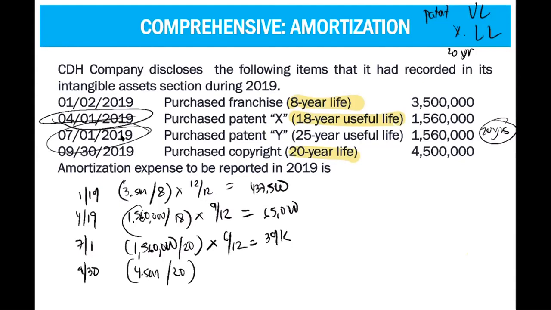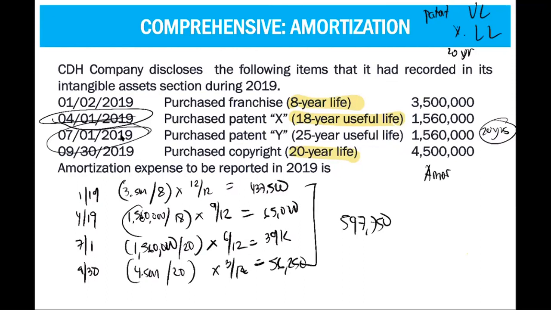September 30 to December is October, November, December, 3 months. So 4.5 million divided by 20 times 3 over 12 will give us 56,250. So the total amortization, 437,500 plus 65,000 plus 39,000 plus 56,250, we have 597,750.